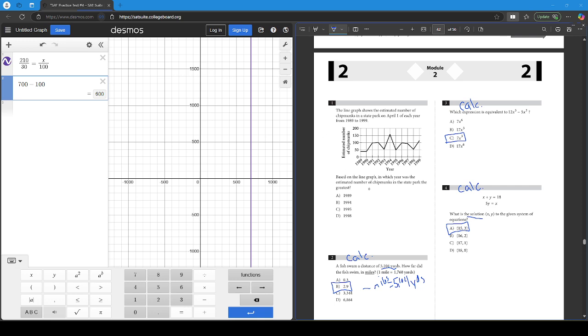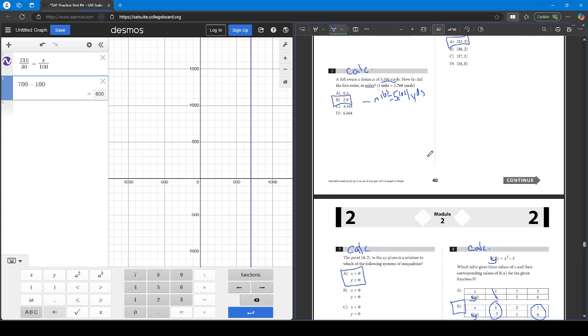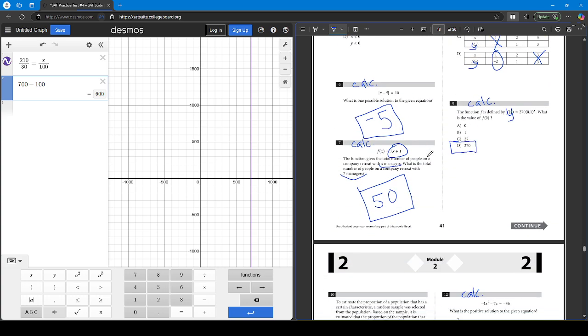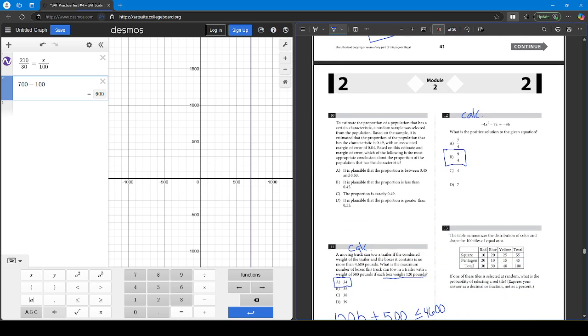Based on the line graph, which year was the estimated number of chipmunks in the state park the greatest? Where did they have the most chipmunks in the park? In the year 1994. That's all they were looking for on that question. Then question number 10 next.